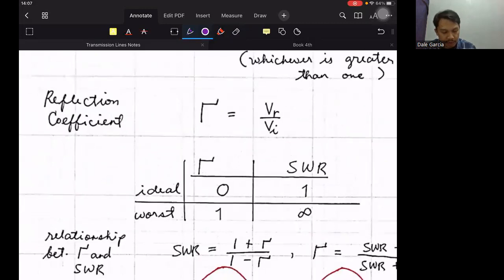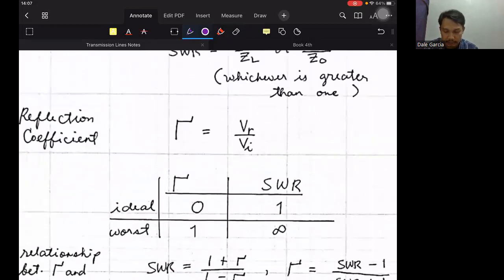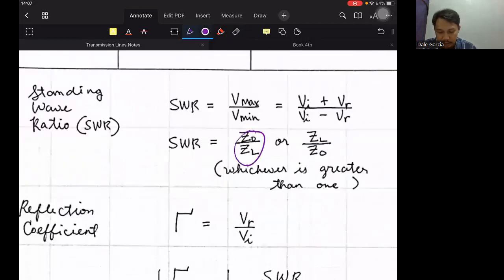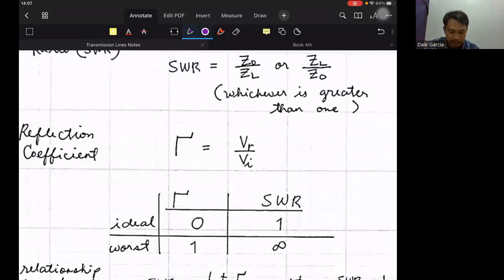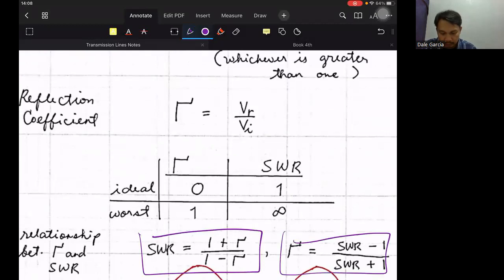So this is the relationship between gamma and SWR. If you have the SWR, we could solve for the reflection coefficient.